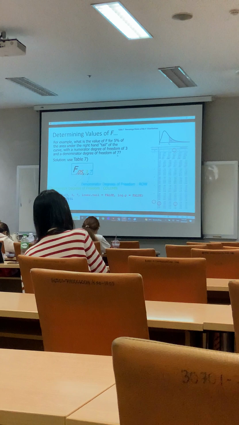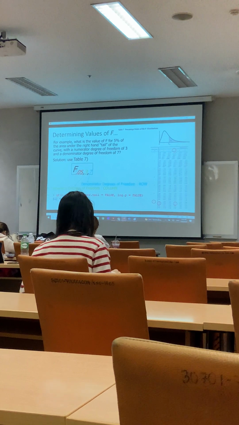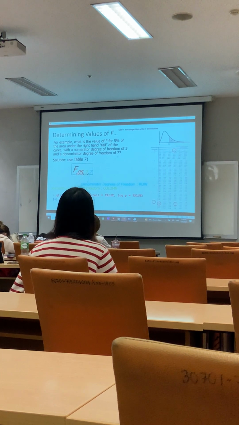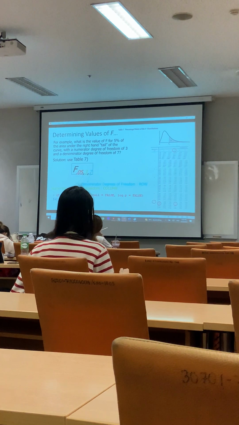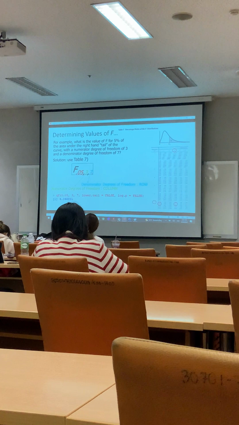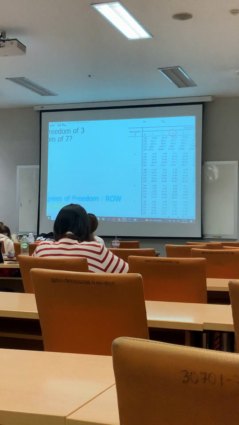To combine all of that, I want F 0.05, comma, the first one is the numerator degree of freedom, 3, and the second one is the denominator degree of freedom, 7. So I have to look at this table.